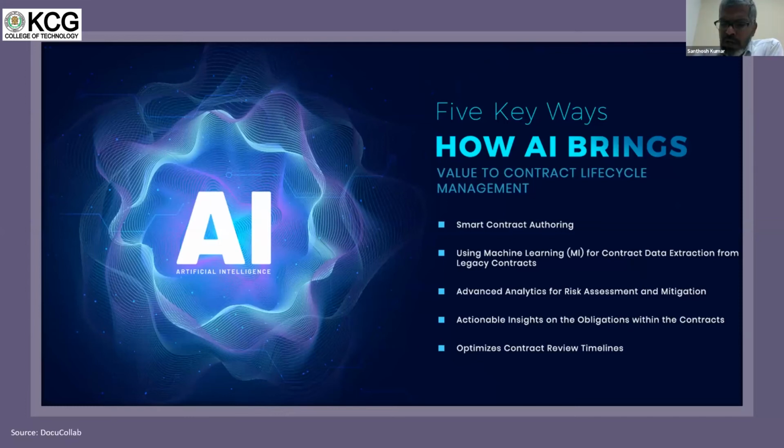So now let's look at how AI can help us solve these problems, right? As I said, contract authoring is one of the big challenges because it requires software developers to be associated with the contract creation.